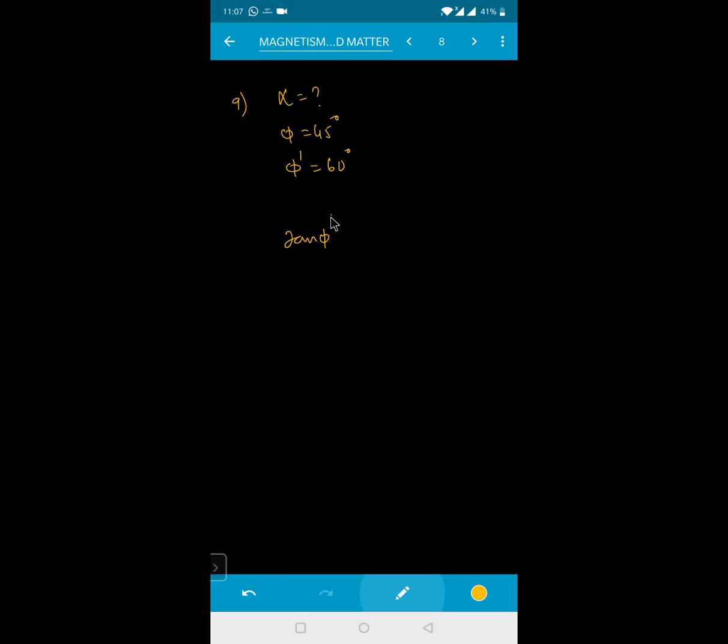Tan phi dash, the apparent dip, is equal to tan phi, the true dip, divided by cos alpha. Here alpha is the angle made by the vertical plane with the magnetic meridian.